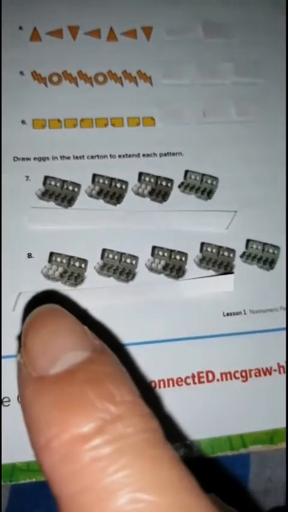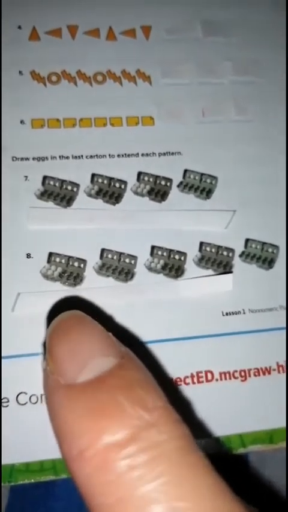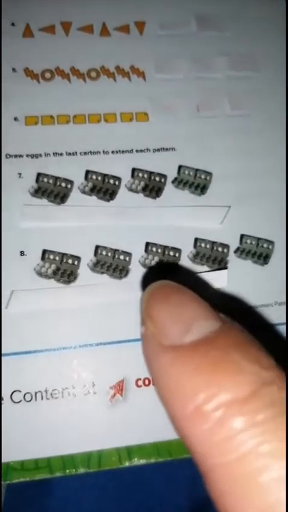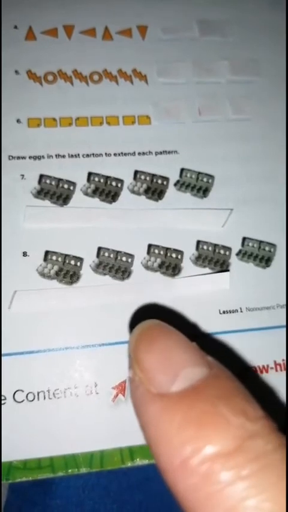Now, exercise 8, we have 6x in the first cartoon, 2x in the second cartoon, 6x in the third cartoon, 2x in the fourth cartoon. What is next? How many x are in the fifth cartoon?